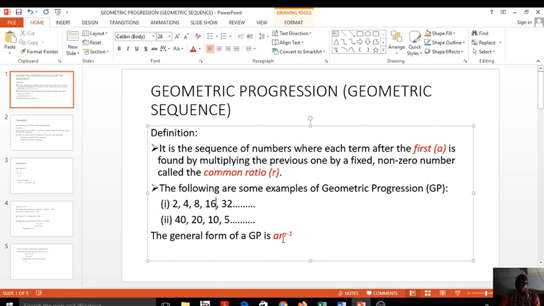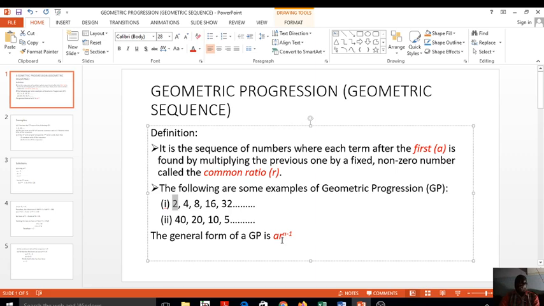For example, if we want to get 16, we can still use this formula. Our a here is going to be 2. Our r is going to be 4 divided by 2, which is 2.